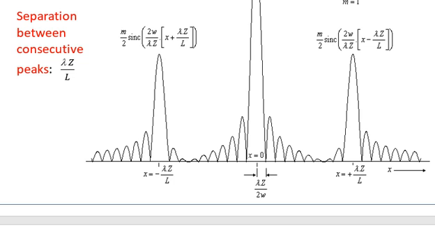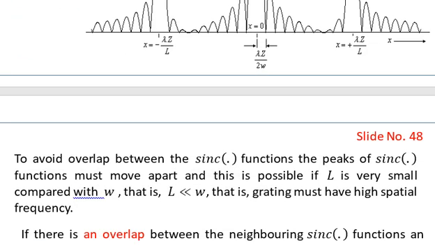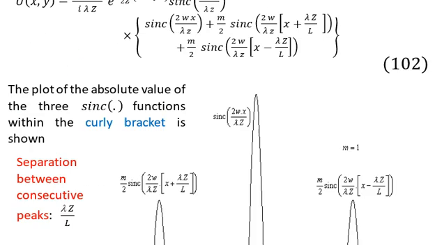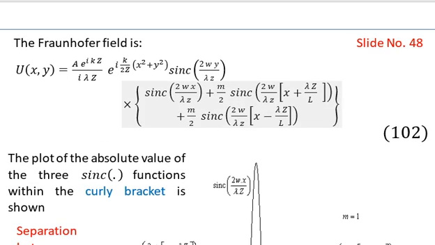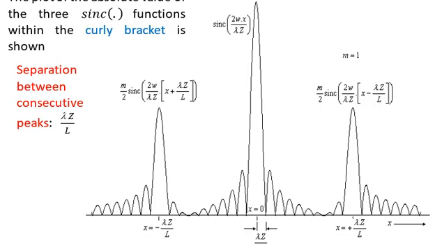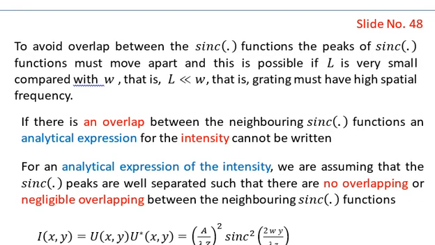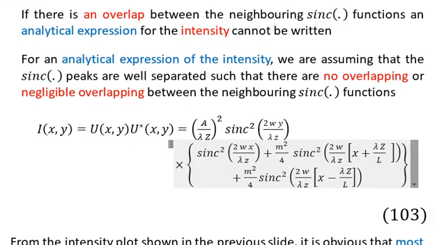But if these are well separated, then of course the intensity expression will be given only by the square of the sinc functions in each of these expressions. So all these three functions in the curly bracket will be squared if they are not overlapping.